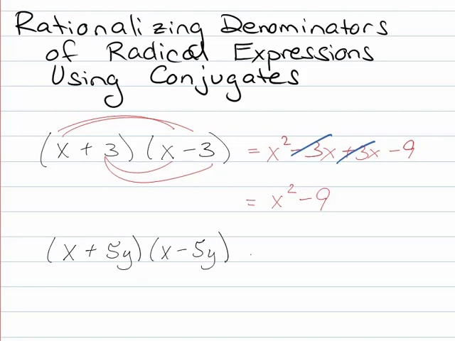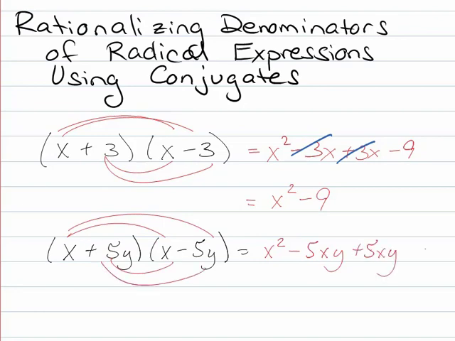Now if I do first, outer, inner, and last, again, I end up with those two terms in the middle canceling out, and I end up with a squared in the front and a squared at the end.